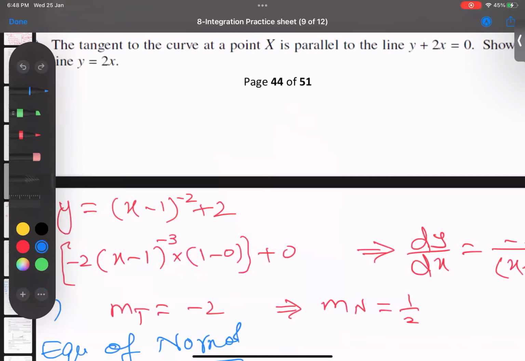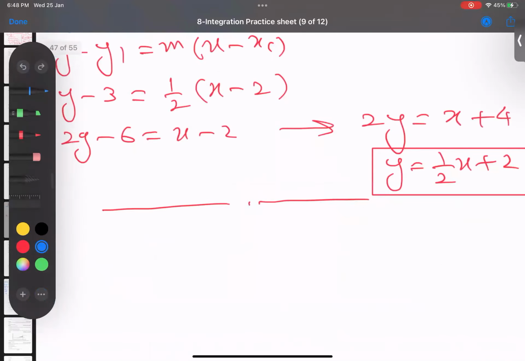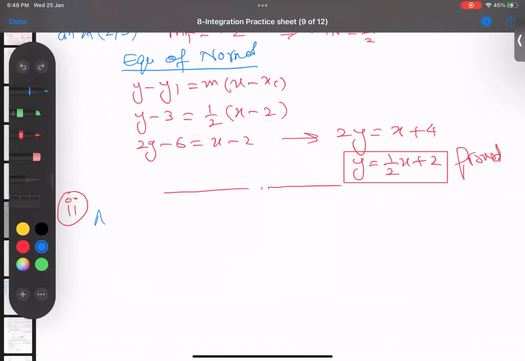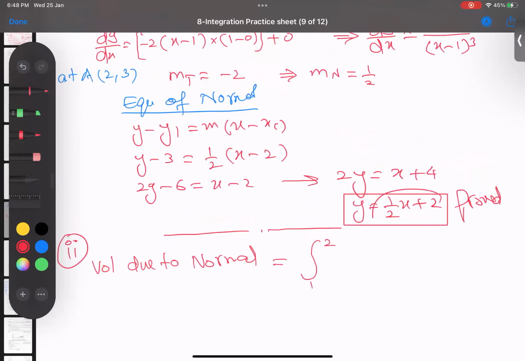First of all, the area under the normal. Sorry, the volume under the normal. We're going for volume, so the volume due to the normal. If I rotate the normal, the limits are very clear, 1 to 2, and the equation of the normal will come here. Basically, what's the formula?